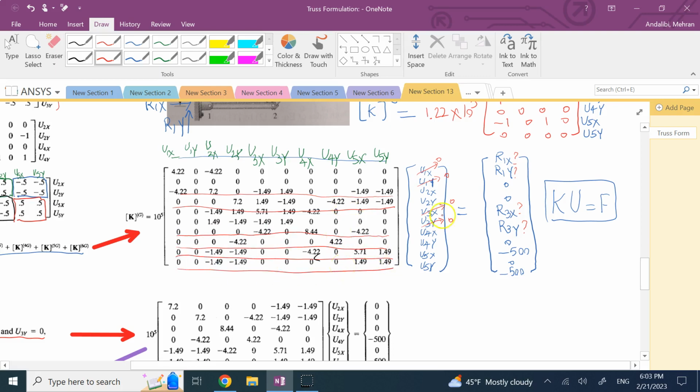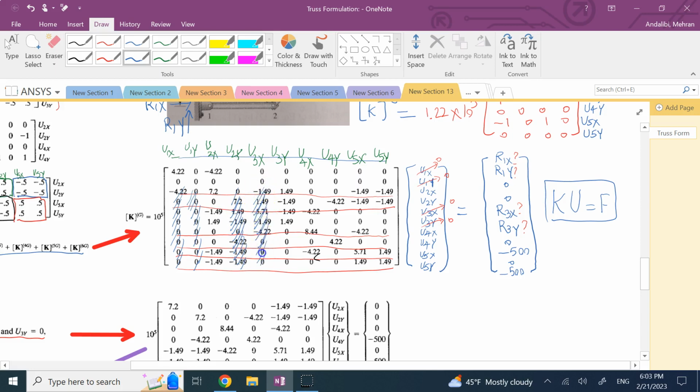These equations where U1x, U1y, U3x, and U3y are set to 0, which basically means get rid of the 1st and the 2nd column in them, as well as the 3rd column and the 4th column in them.